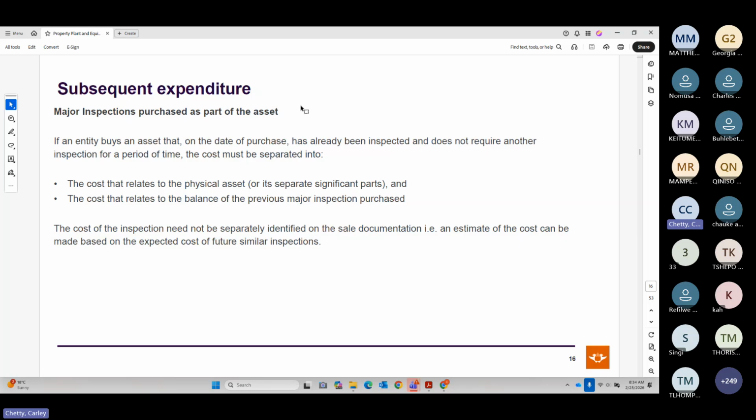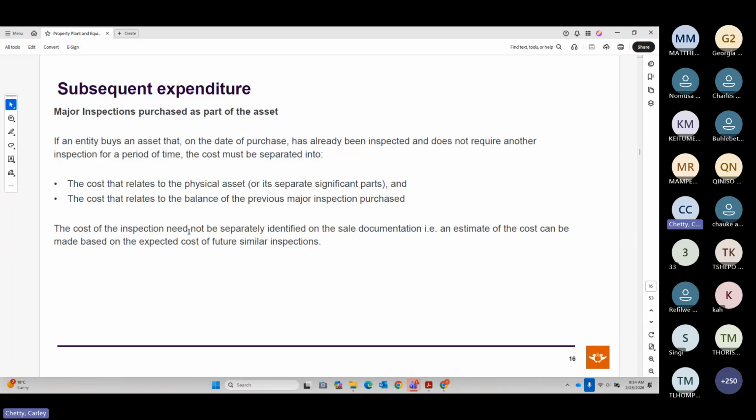Now let's have a look at where a major inspection is purchased as part of the assets. If an entity buys an asset that on the date of purchase has already been inspected and does not require another inspection for a period of time, the cost must be separated into the cost that relates to the physical assets or its separate significant parts, and the cost that relates to the balance of the major inspection purchased.